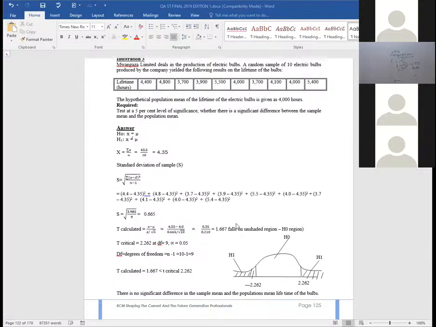Yes, Winnie. Now, if you don't want to draw this to know whether it falls on the shaded or unshaded area, you can just say that if T calculated is less than T critical, you accept, or if it is greater, you reject. How do you handle that, normally, instead of drawing this? Yes, good question. We normally use that approach when we have just one tail.